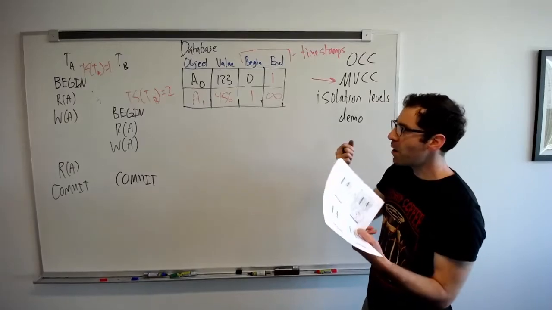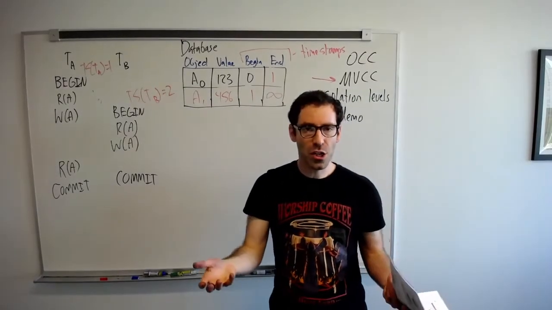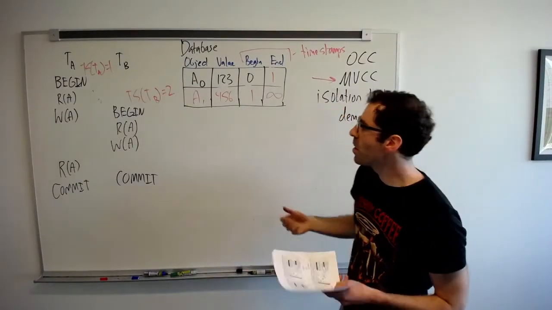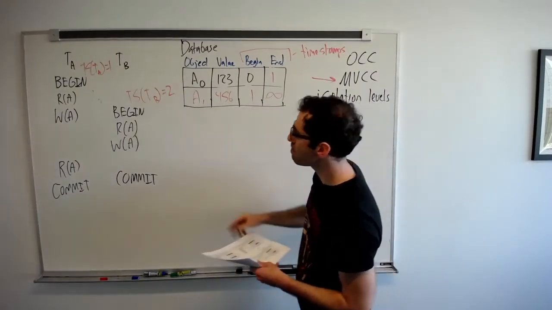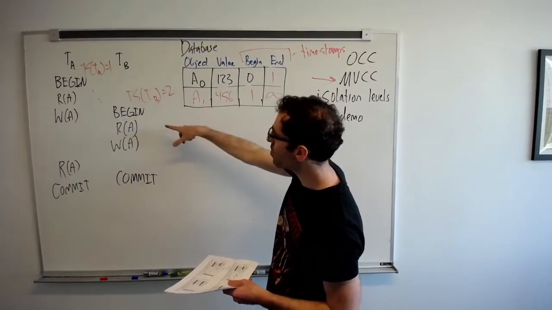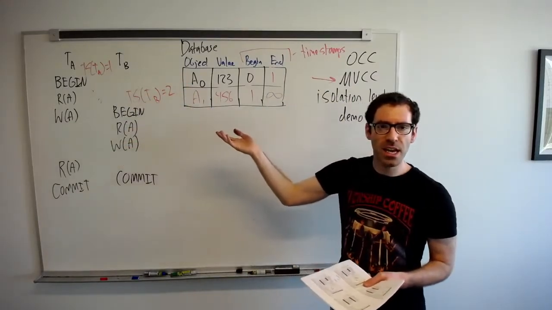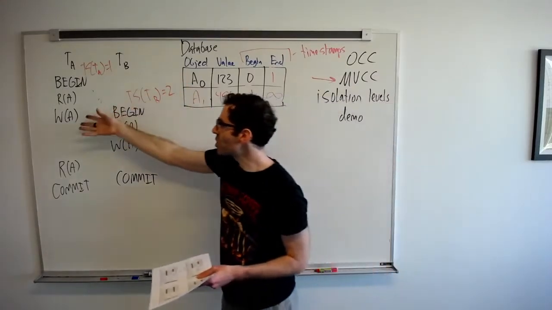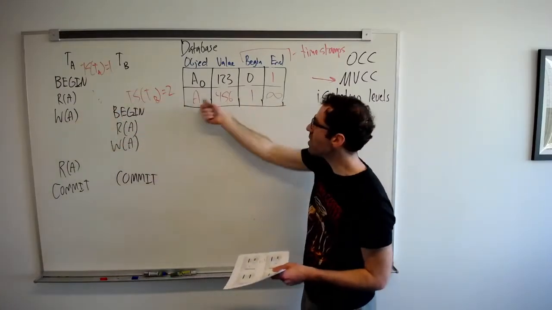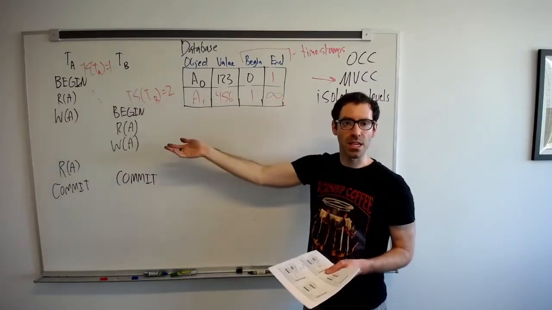But if we think about our isolation property, the ACID properties that we want to provide, it shouldn't be the case that transaction B can read uncommitted data from transaction A. Transaction A has written this update, but it hasn't committed yet.